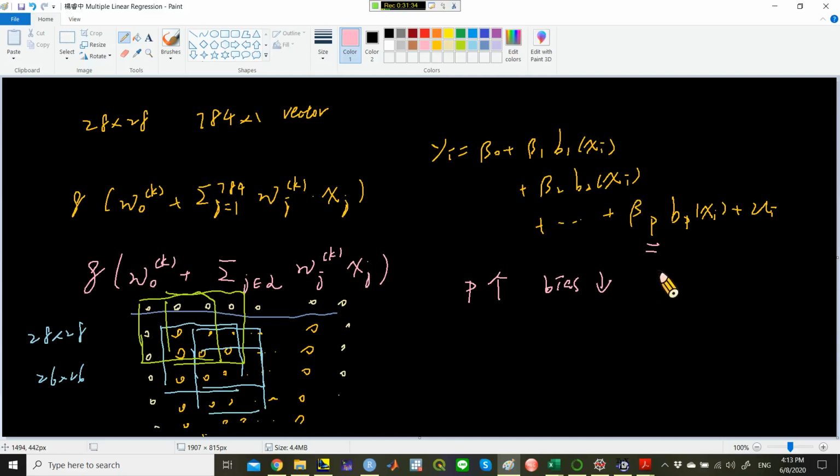However, when we have a large p, the number of parameters we want to estimate is bigger, and we are worried about overfitting. Anyway, the variance increases. So if the number of parameters decreases, the bias may increase, but the variance may decrease.